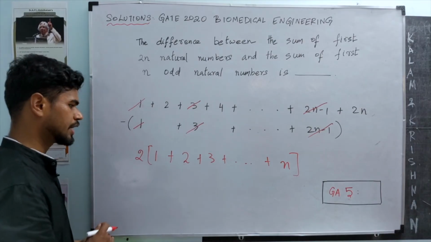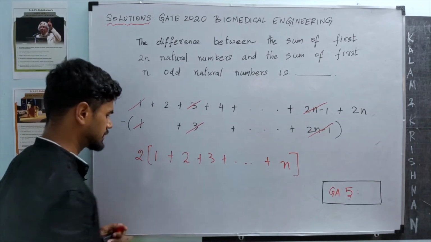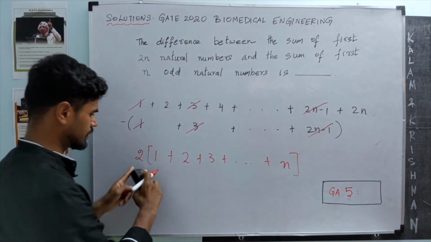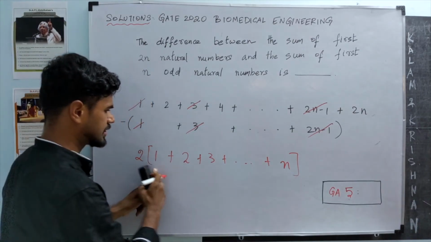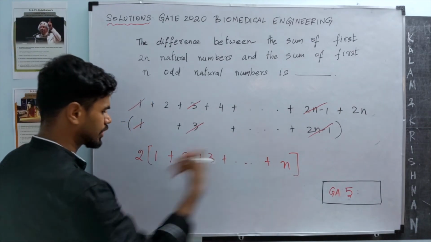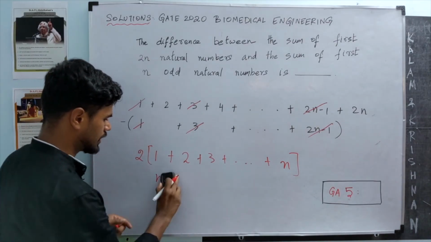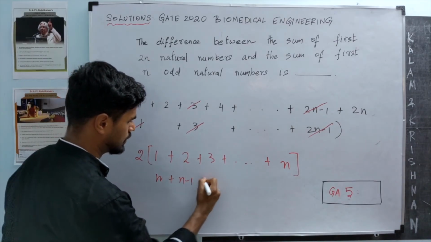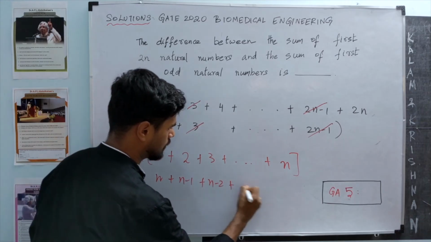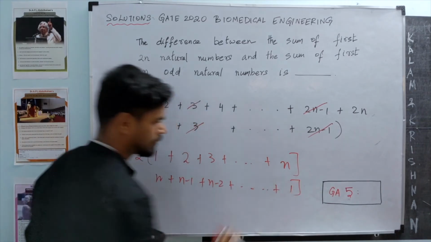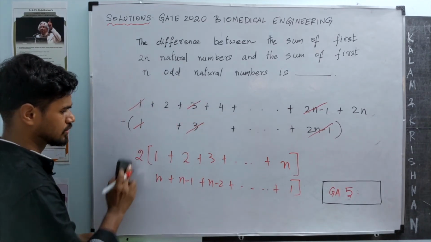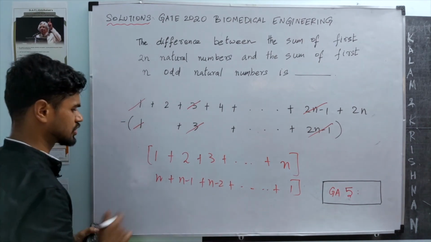If you don't know that, you could write this sum as, okay, so we have this series repeated twice. So I am going to write the series in the reverse order: n plus n minus 1 plus n minus 2 till 1. Okay, so I wrote it again here, so I am going to remove this 2.